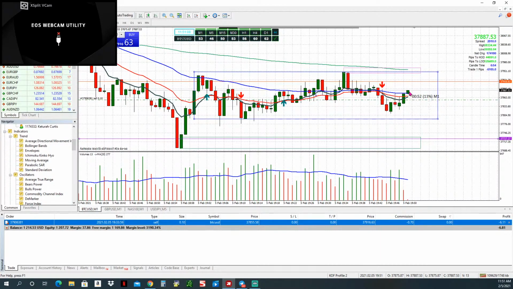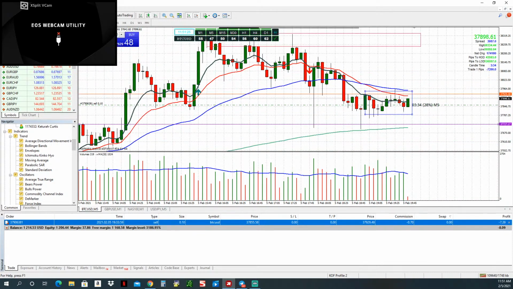Hopefully this is a fluke and it retraces and comes back down, because this is still the zone of resistance here. All of this, but it could play us to the left in reverse. This is the 200.